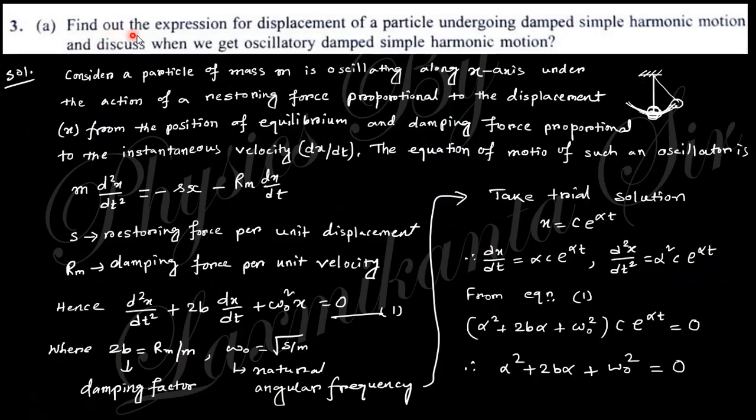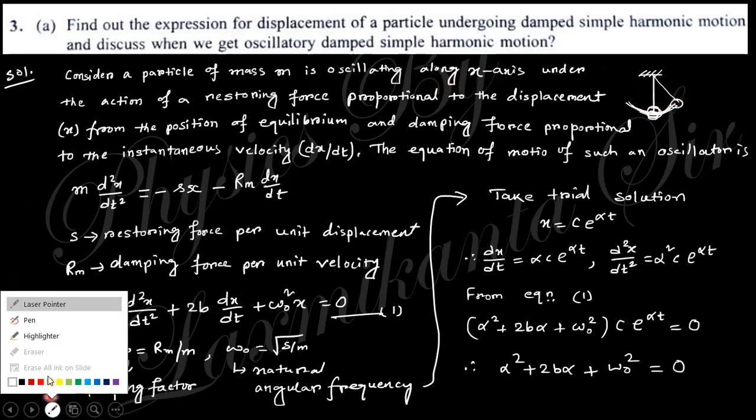Next question says find out the expression for displacement of a particle undergoing damped simple harmonic motion and discuss when we get oscillatory damped simple harmonic motion. So if you consider a mass m oscillating along the x direction, or you can see this pendulum, or you can say a spring.